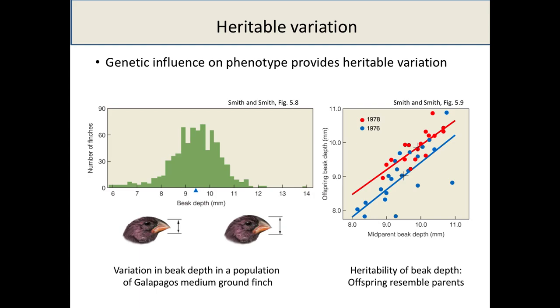Whereas if you have two parents whose beak depth is 11 millimeters, their offspring's beak depth is 10 or 11 millimeters. The two different lines here are two different years that this analysis was done, and we see that this trend is robust across years. So this is really strong data with which we can test hypotheses about ecology and evolution.